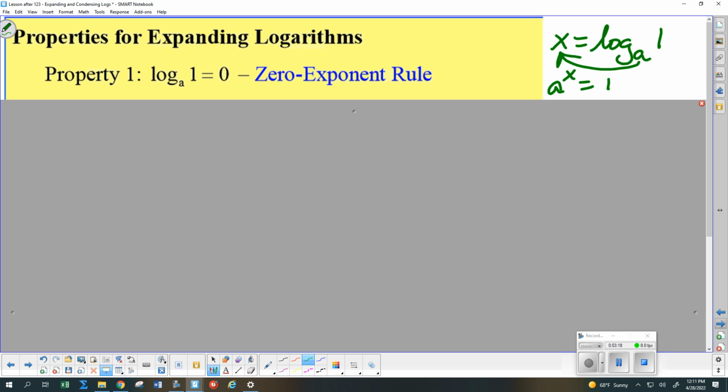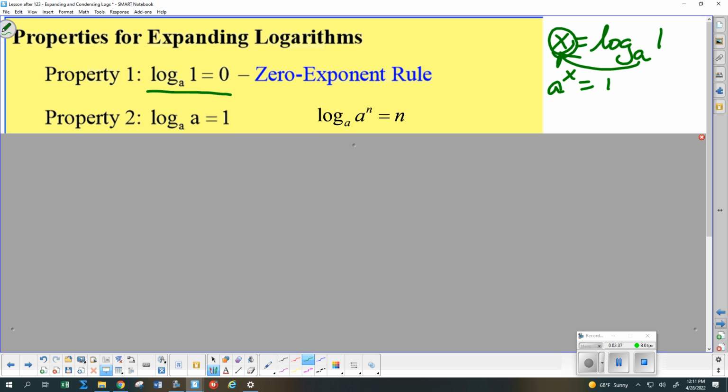Anything to what power is 1? So the exponent would have to be 0, which means this would have to be a 0. So log base 5 of 1 is 0. Common log of 1 is 0. Natural log of 1 is 0. So you may use that to simplify in some problems.